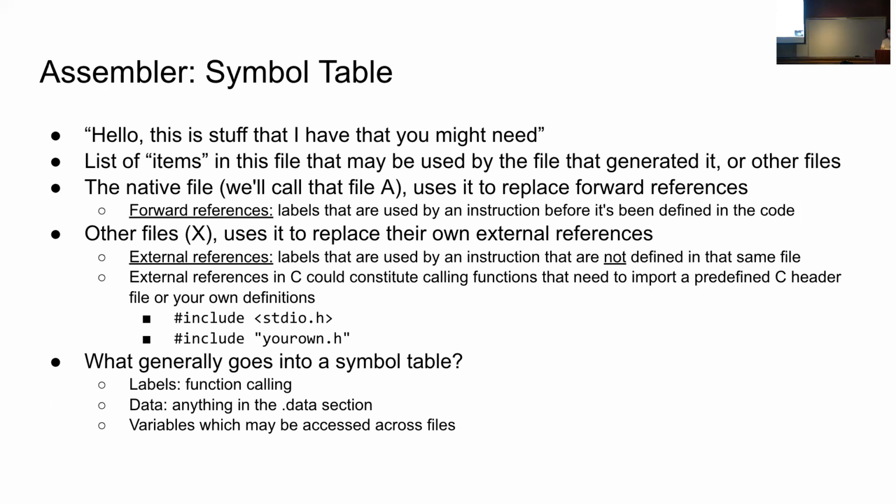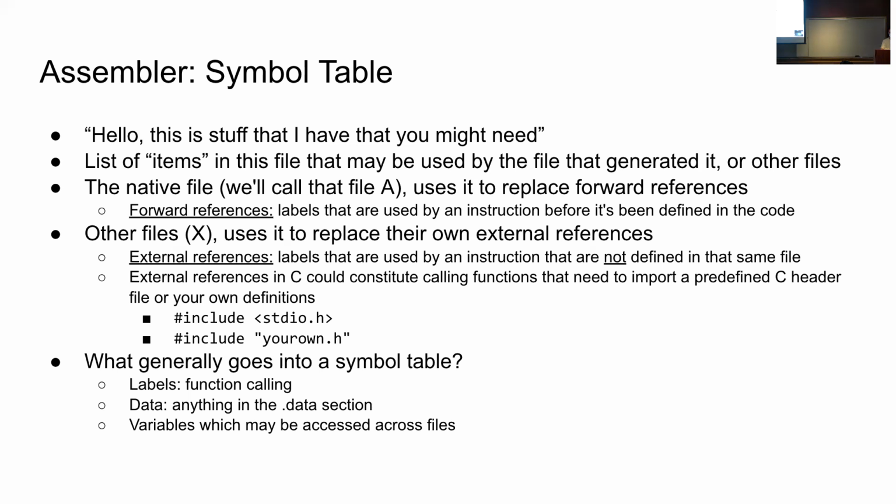And then specifically, I wanted to touch on both the symbol table and relocation table. The symbol table first is the one that is dealt with completely in the assembly stage in the 2 passes. You can think of it as the stuff that I have, as in the specific file that's getting compiled at this time.